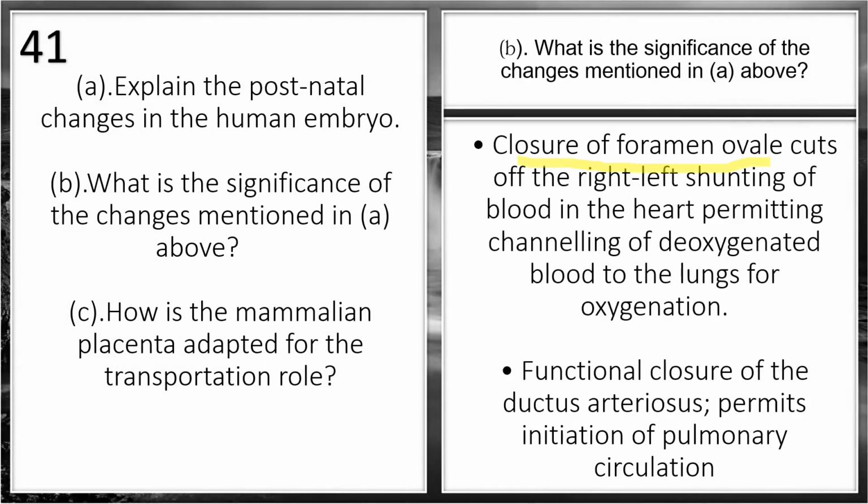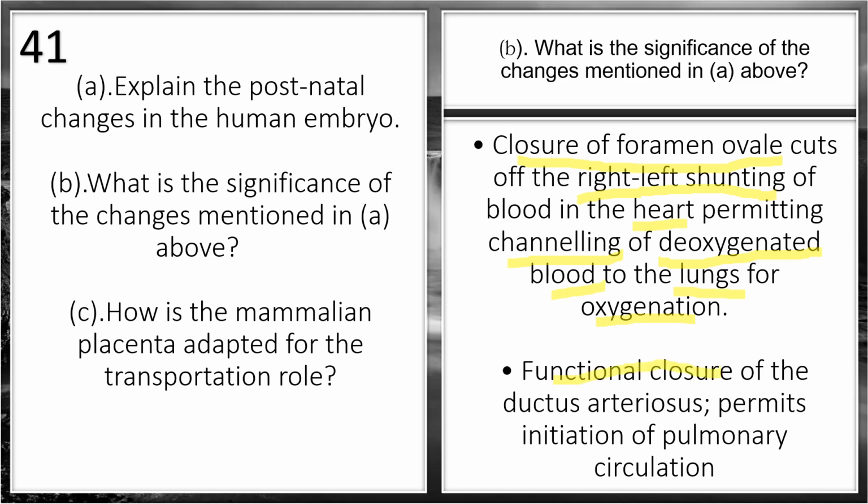Closure of the foramen ovale cuts off the right-left shunting of blood in the heart, permitting channeling of deoxygenated blood to the lungs for oxygenation.